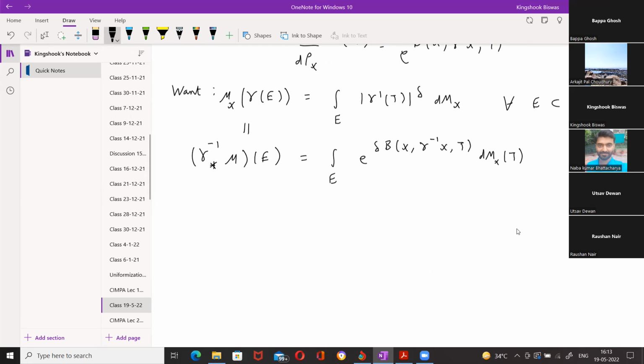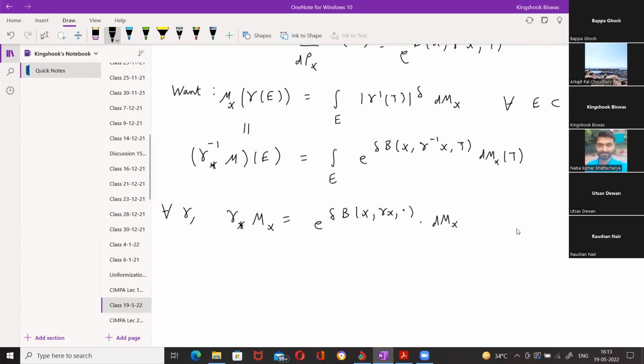Now, what this means is basically, if I replace gamma inverse by gamma, what we want is that for all gamma, gamma star mu is equal to a function e to the delta b_x(gamma x, dot) times the measure mu_x, right?